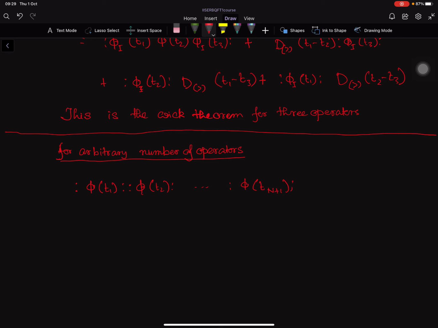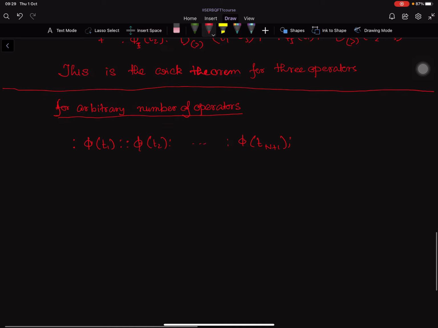We have explicitly proven it for n equal to 0, 1 and 2. So let's now try to do it in the inductive way.